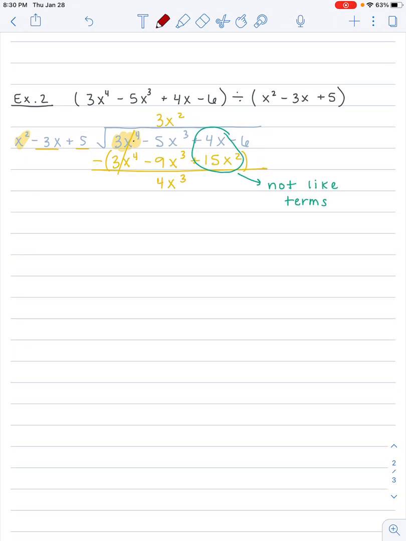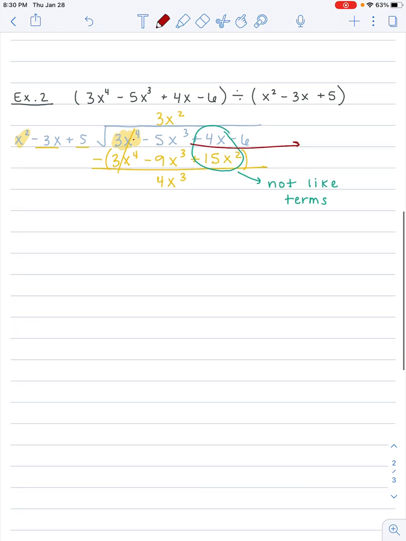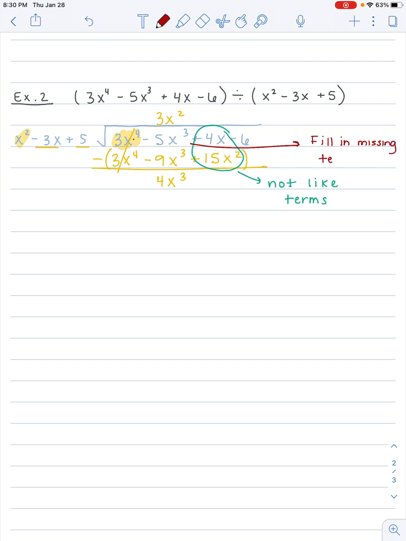So what we need to do here is fill in that missing term. If you look at this, we've got x to the 4th, x cubed, and then x. We're missing x squared, so we need to fill in that missing term, which in this instance is our x squared. So we're going to say it's 0x squared.